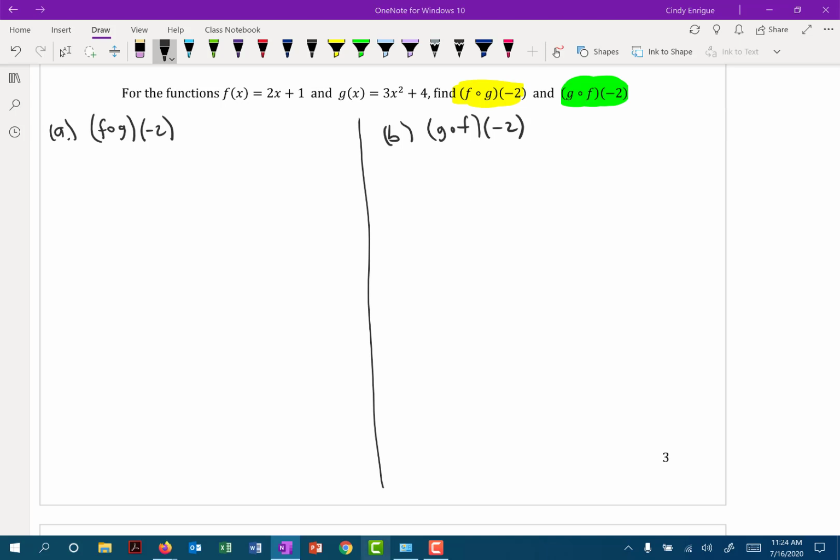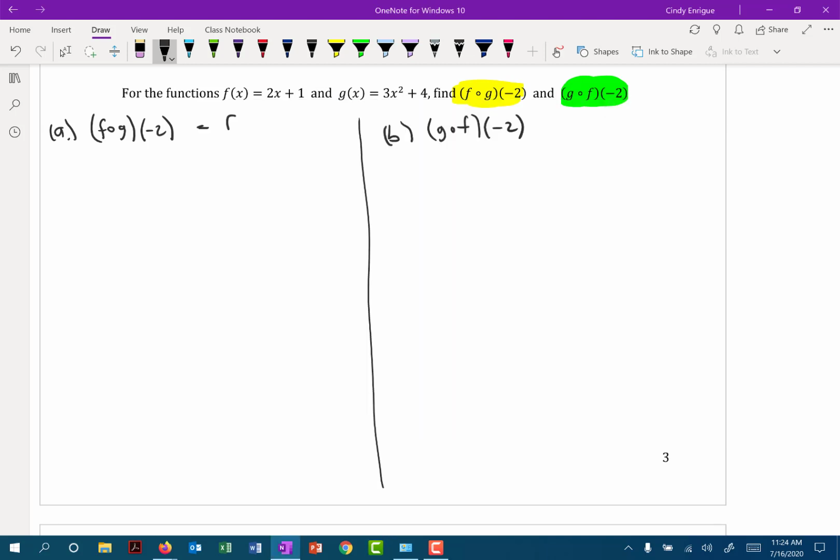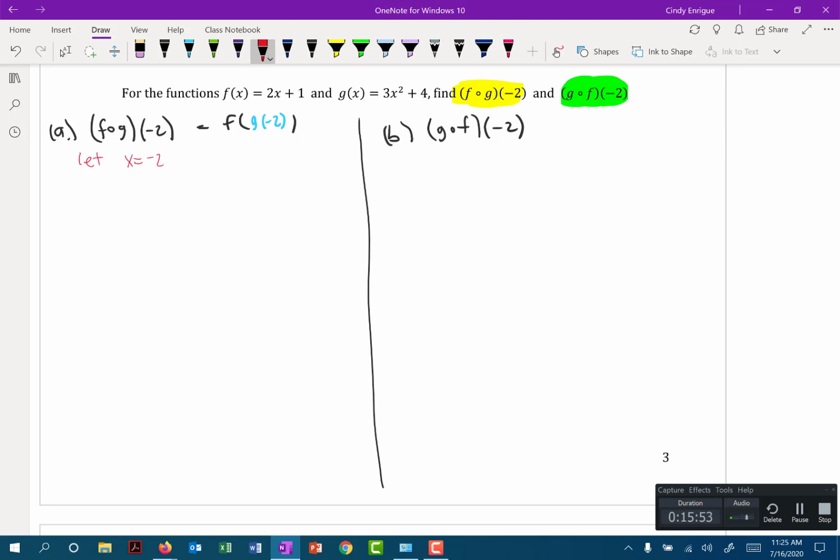So here we are really trying to find our f function. And what we're going to be plugging in here is going to be our g function at -2. So this is saying let x equal -2 inside my g of x function.